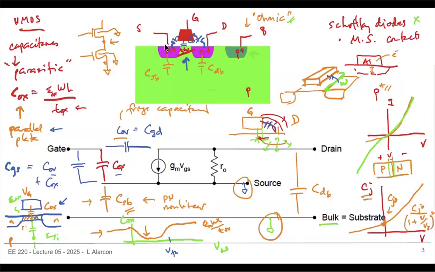So these are how we model capacitances in an NMOS. Any questions here? Okay.